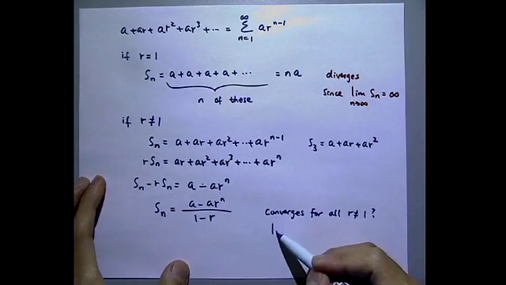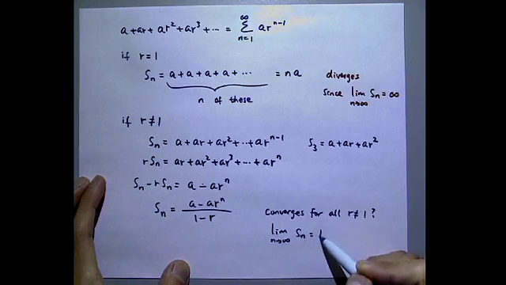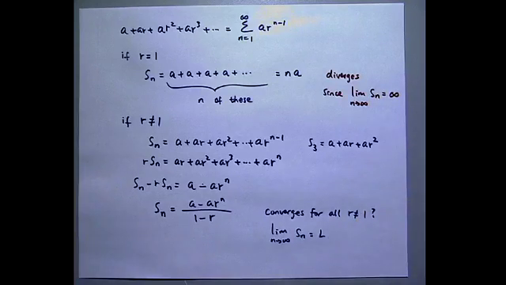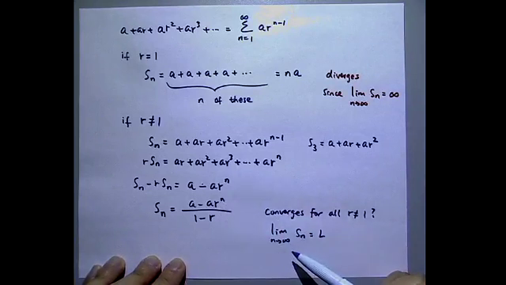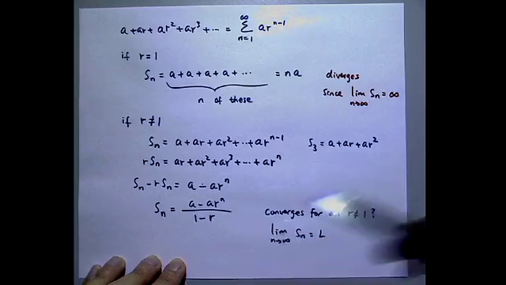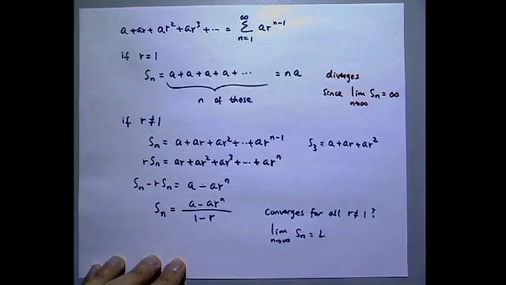Remember, that means that if I take the limit, then I cannot get infinity or minus infinity. What happens if r is equal to 2? What happens to r to the n as n gets large? It blows up, right? Same thing happens for r equal to minus 2.